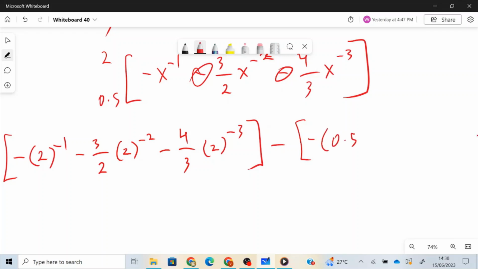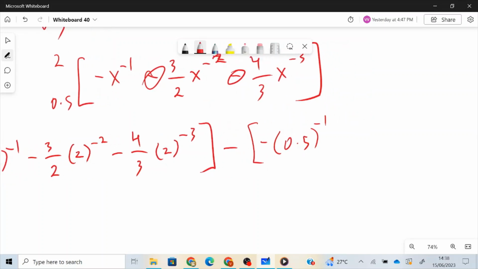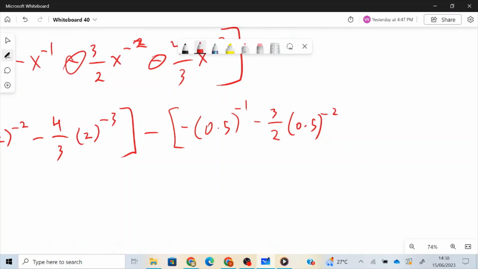Remember, 0.5 is the same as 1 over 2. If you're not comfortable with decimals, you can always use fractions. Minus 0.5 to the power minus 1, minus 3 over 2 into 0.5 to the power minus 2, and then minus 4 over 3 into 0.5 to the power minus 3, I believe.